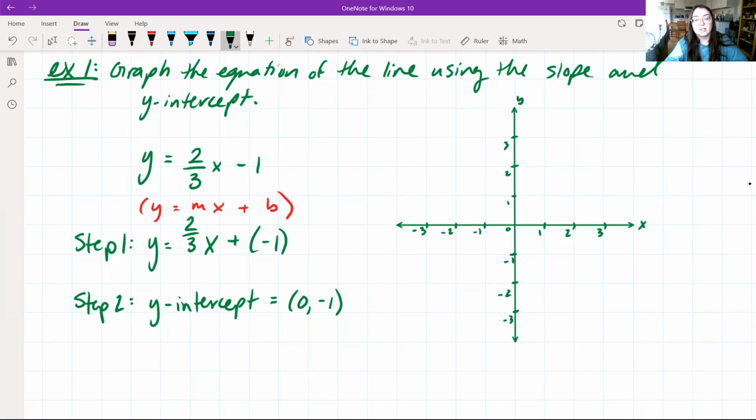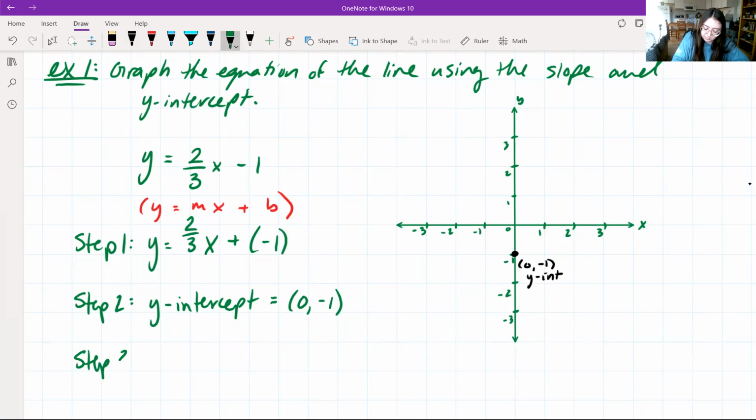We want to plot this on our graph, and we are going to plot these points in black because our graph is in green. We don't want to be too confused. So right here we can say (0, -1). We know this is the y-intercept.